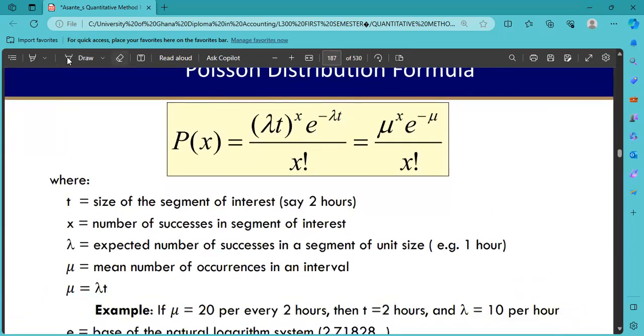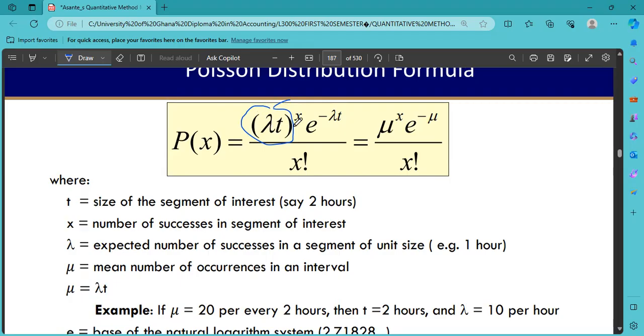So this is the Poisson distribution formula. The probability of X happening is the lambda t, which is the mean, as explained in the previous page, sorry.